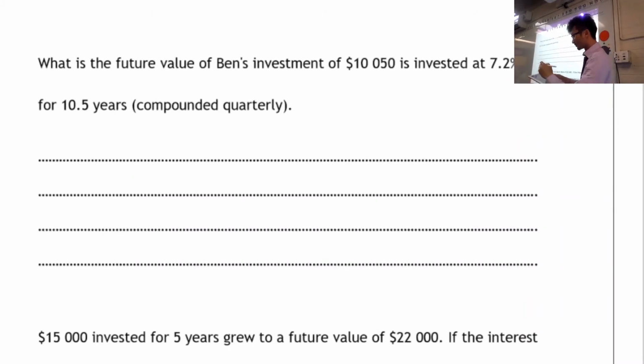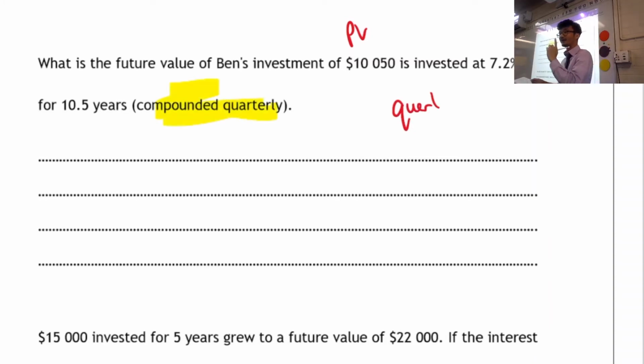I did the times 7.2%. Wait, no, divided by 100, and then I got that, and then I divided that by 4. Good. So the first thing I always look at is how often it is compounding, because that's how they always trick you. They change the compounding periods, right?